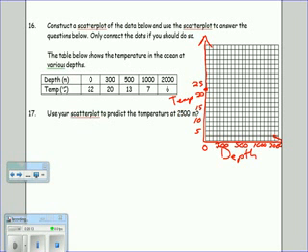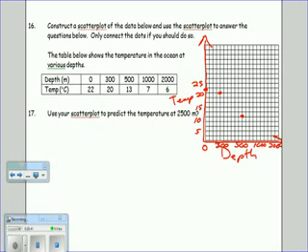At 300 meters, what's the temperature? 20. We'll use that line. 500 meters, what's the temperature? 13. So we'll use this one somewhere. We'll say that's 13.